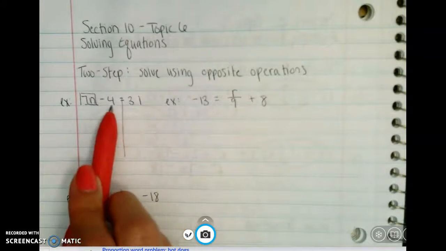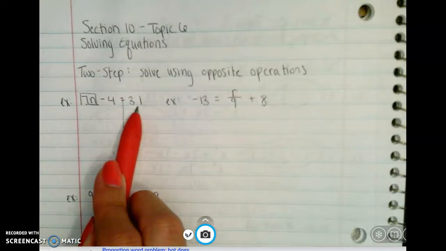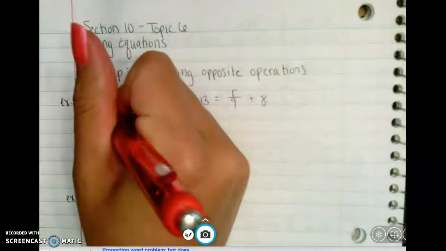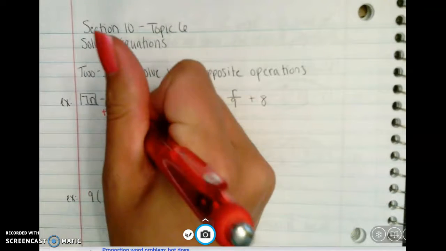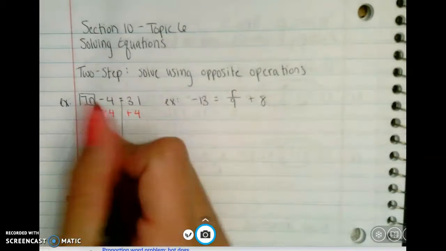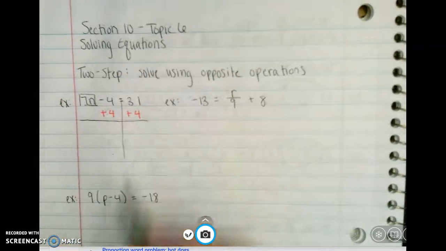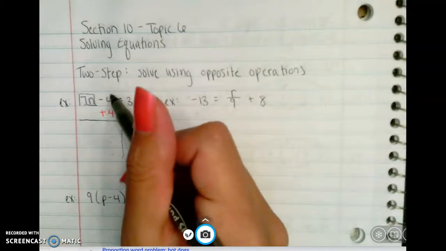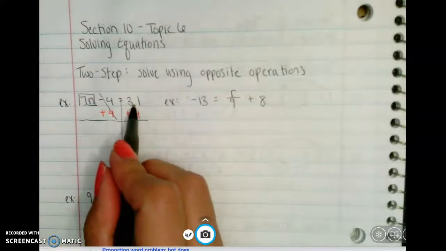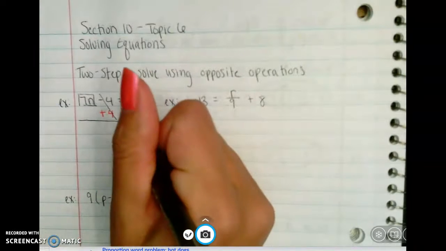And if we're moving to the other side of the problem, you need to do the opposite. So the opposite of minus 4 is plus 4 on both sides. And when you add 4 to both sides of the equation, the negative 4 and the positive 4 are going to cancel out. And 31 plus 4 is 35.